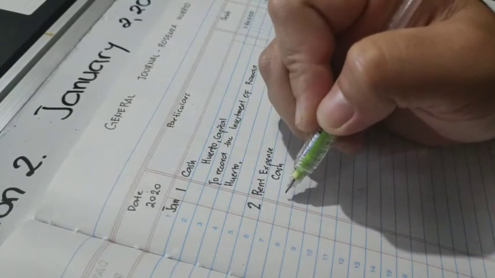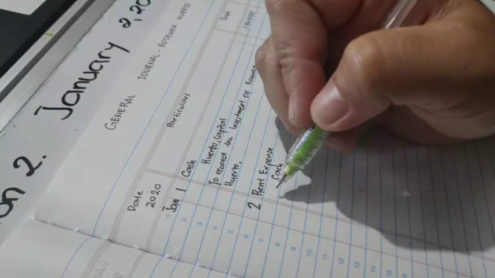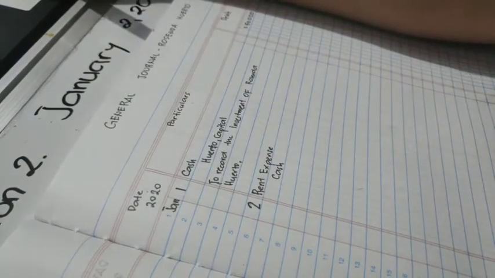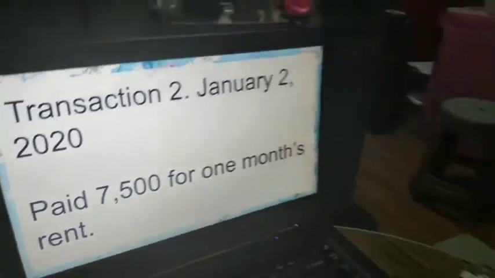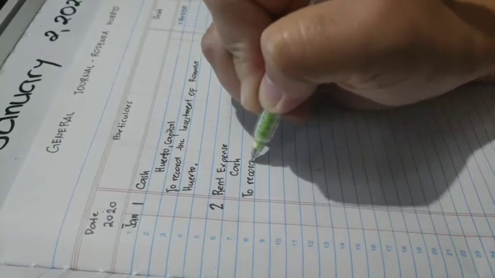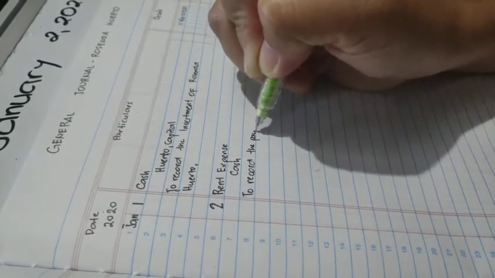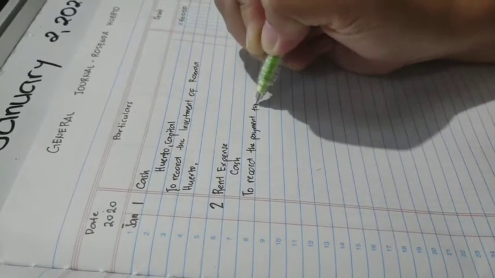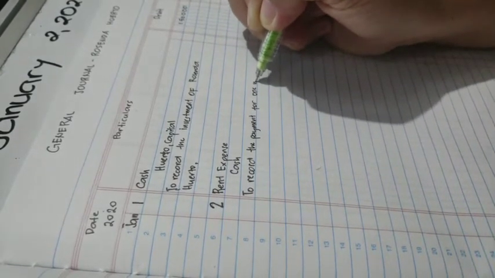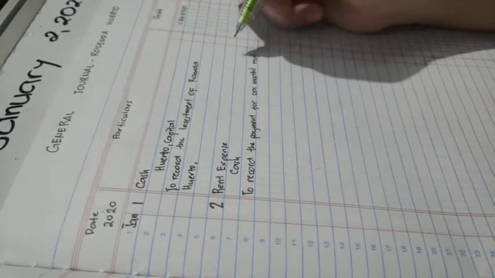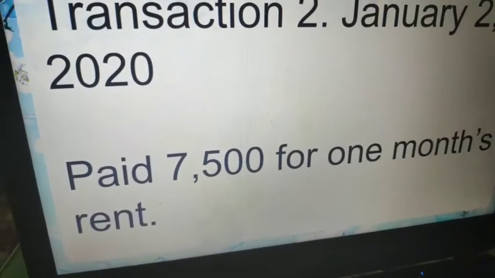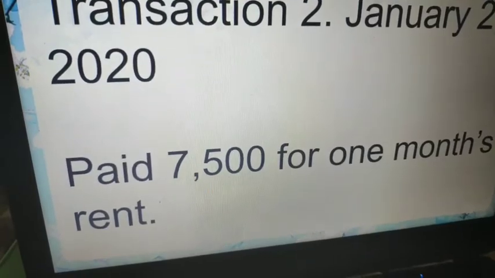Then for your explanation of the transaction, you will go back to your problem: payment for 1 month's rent. You will write your explanation: to record the payment for 1 month's rent. In this problem, there is only one amount given, which is 7,500.